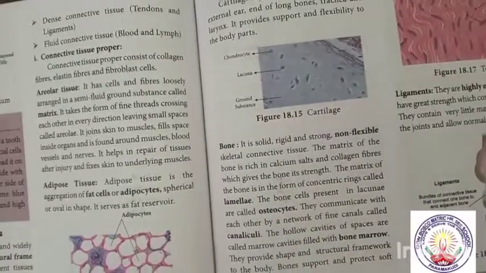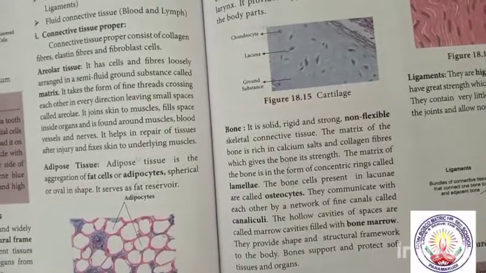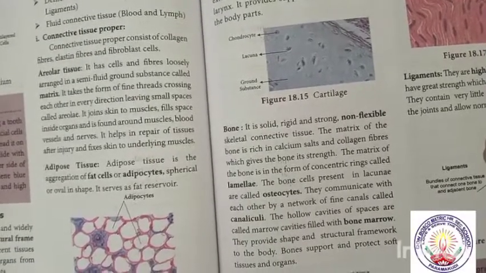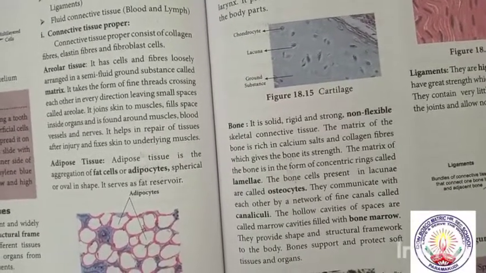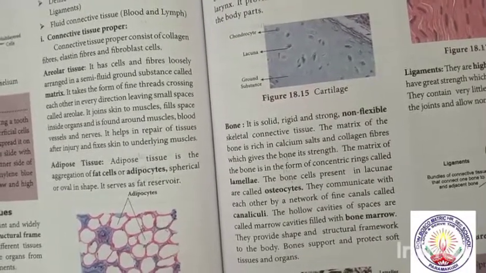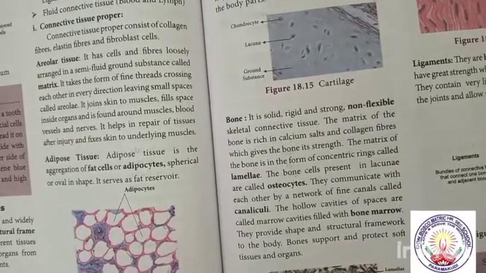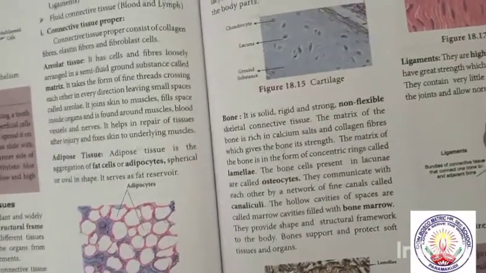Bone. It is a solid, rigid and strong, non-flexible skeletal connective tissue. The matrix of the bone is rich in calcium salts and collagen fibers, which give the bone its strength. The matrix of the bone is in the form of concentric rings called lamellae. The bone cells present in the lacunae are called osteocytes.